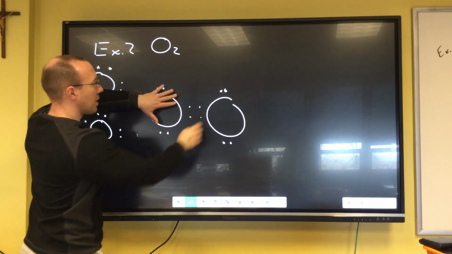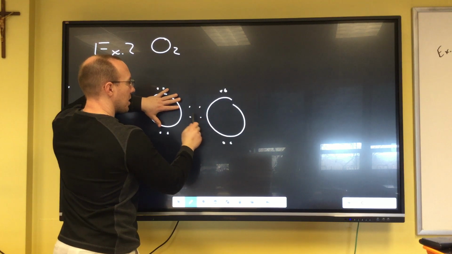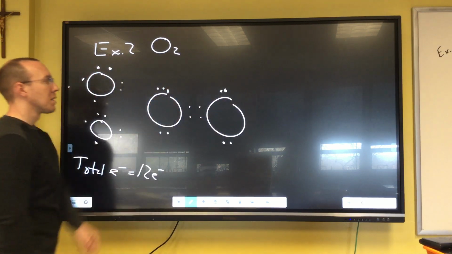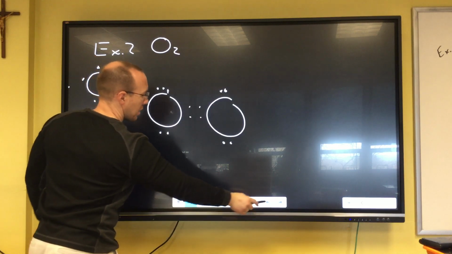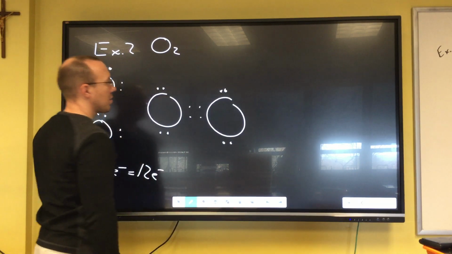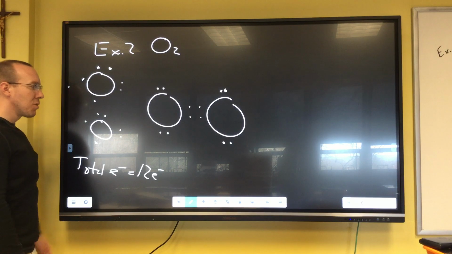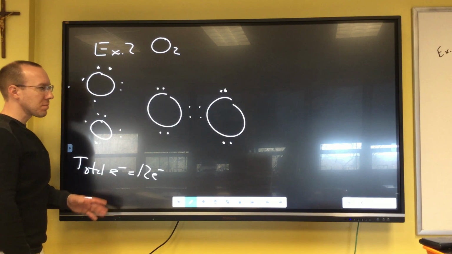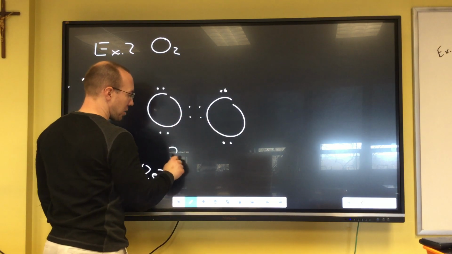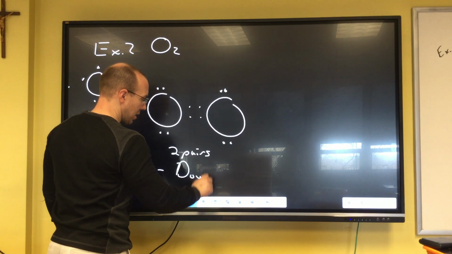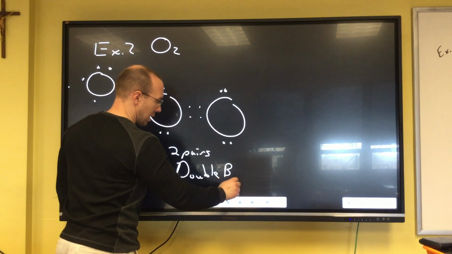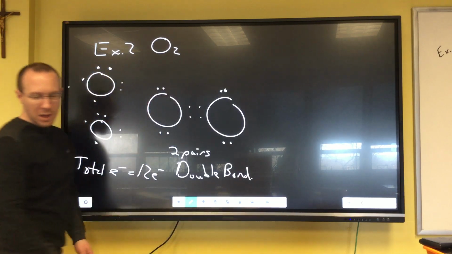And then cover this one. 1, 2, 3, 4, 5, 6, 7, 8 for this one. So 12 total used. 2 pairs are being shared. It's called a double bond.